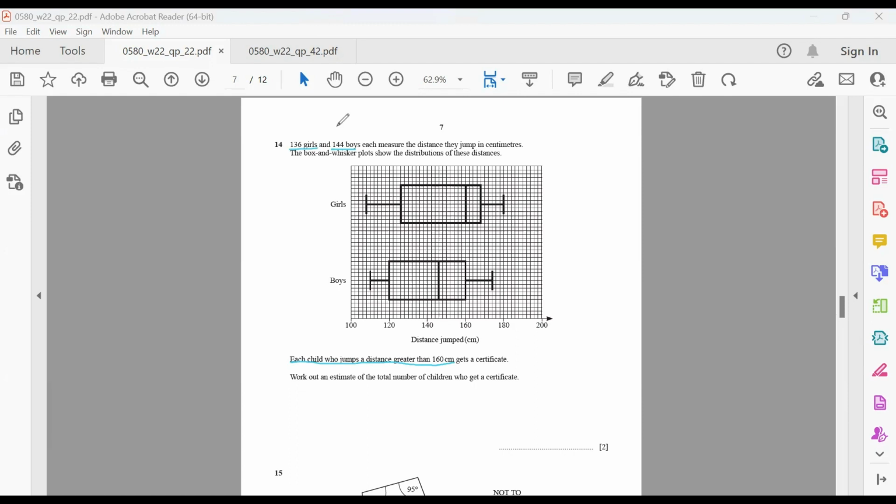Okay, so we see that the median of the girls jumped greater than 160.